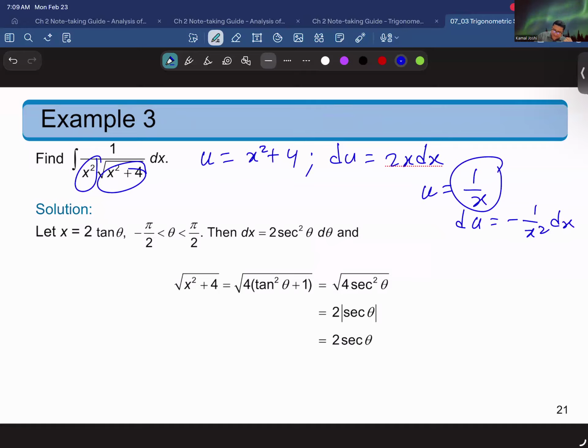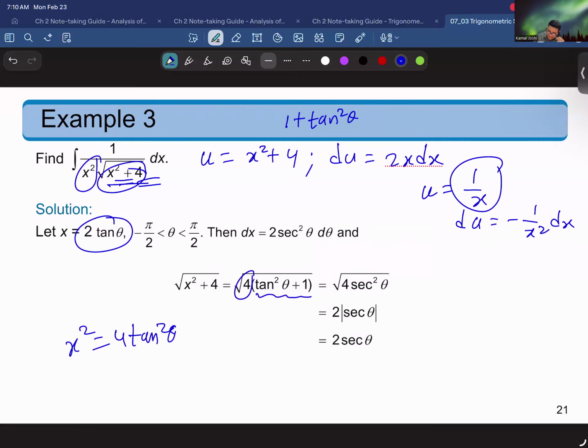Then you think x square plus 4, so the Pythagorean identity is 1 plus tan square theta, because of the plus sign there. And naturally you let x equals 2 tan theta because there is 4 there. So when you square it, x square would be 4 tan square theta, and you can factor out 4 here.